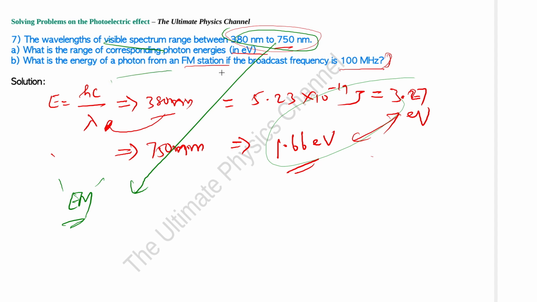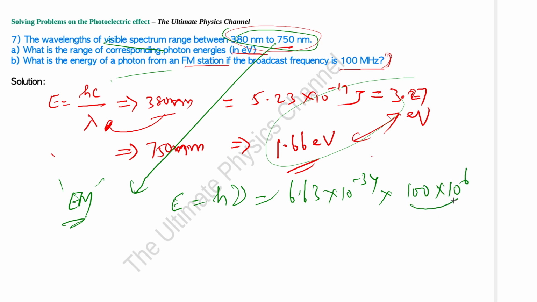Next is very simple. What is the energy of a photon for the FM station? That energy is E equals h nu, where nu is 100 megahertz. So 6.63 times 10 power minus 34 times 100 megahertz, 10 power 6, so it is 10 power 8. The answer is 6.63 times 10 power minus 26 joules. That is the energy.